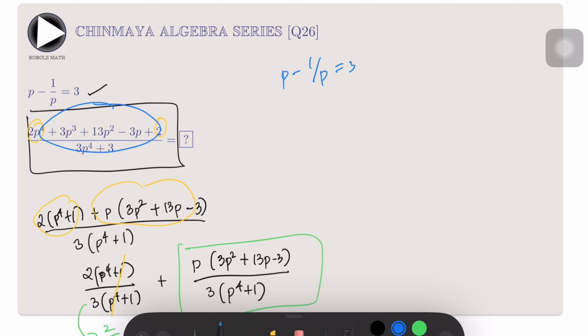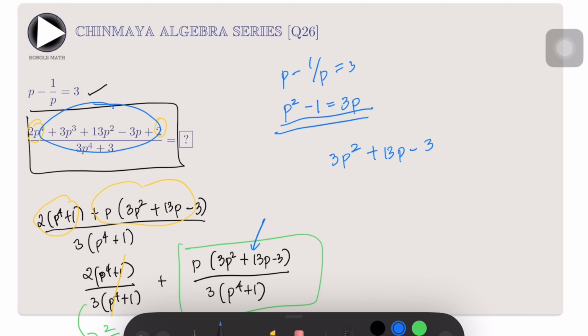So that if we multiply p to both sides, we get p squared minus 1 is equal to 3p. So let's take note of this expression. Let's save it for later. And let's go back to this term here, 3p squared plus 13p minus 3.